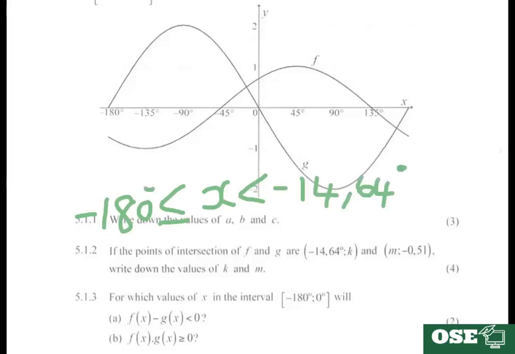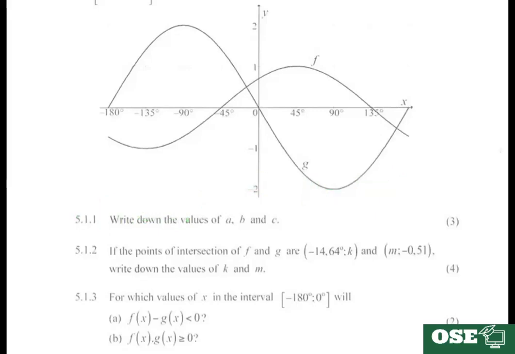So all this question was asking you is when you minus g of x from f of x, when will you get a negative number, right? The question is asking us, when is f of x minus g of x less than 0?